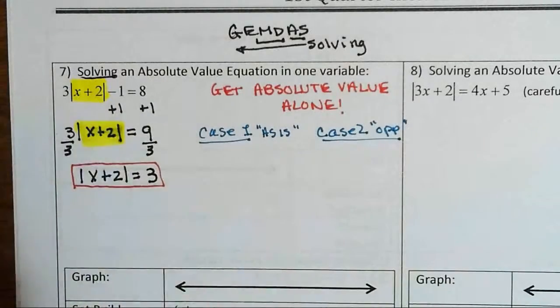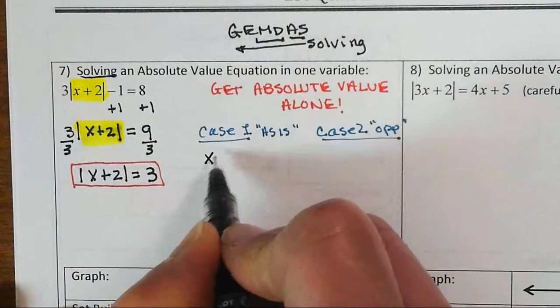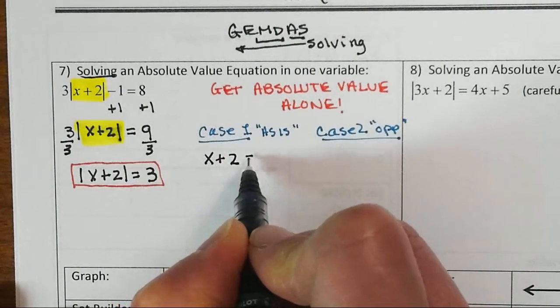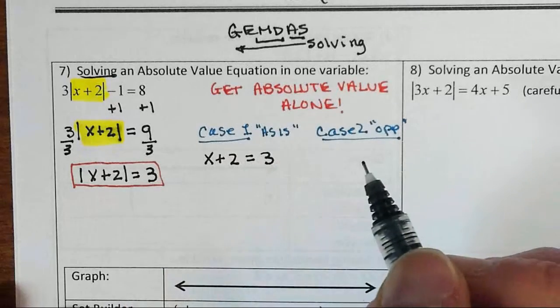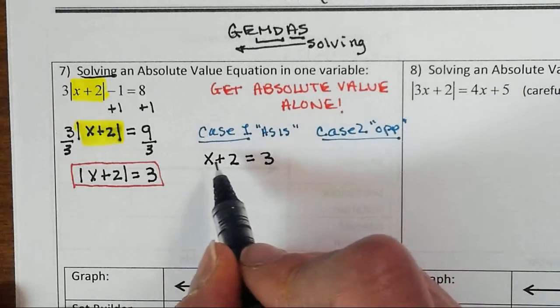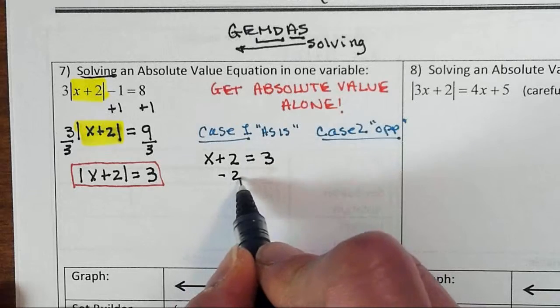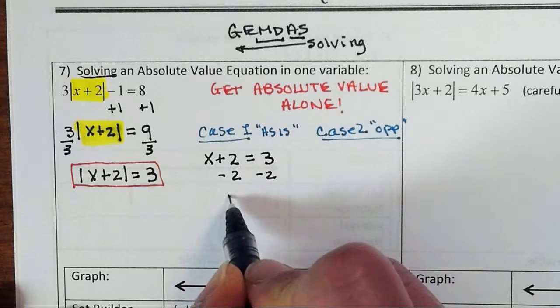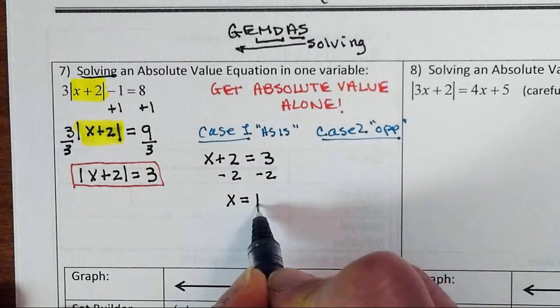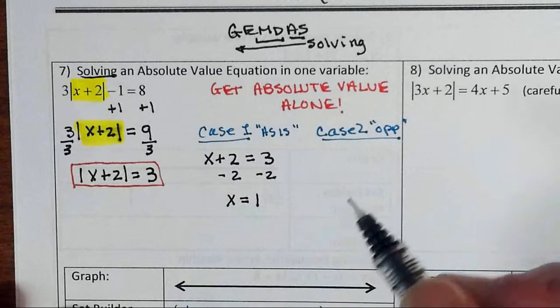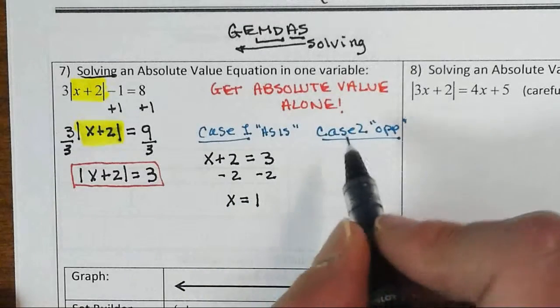Okay? So case 1, this is now where I take it out of jail. So it's x plus 2 equals 3. So I'm going to solve for x. I subtract 2 from both sides of the equal sign, and I get x is equal to 1. That is one solution. So now I need to do the opposite.